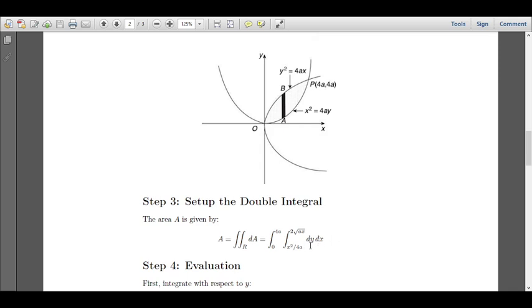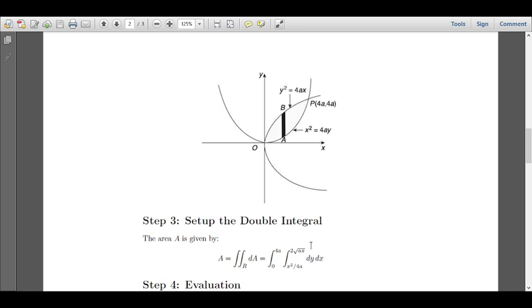Since we are integrating with respect to y, we will take the vertical strip. If we take the order of integration dy dx, y limits must be functions of x and x limits are constants.